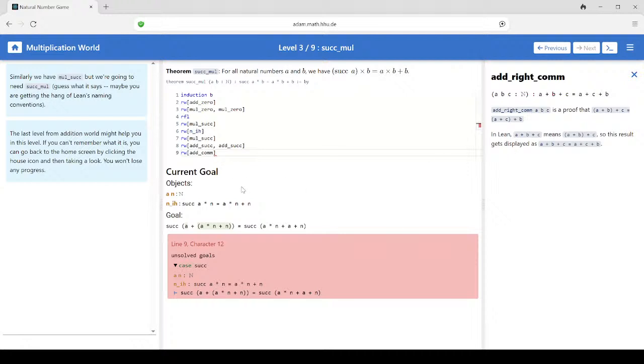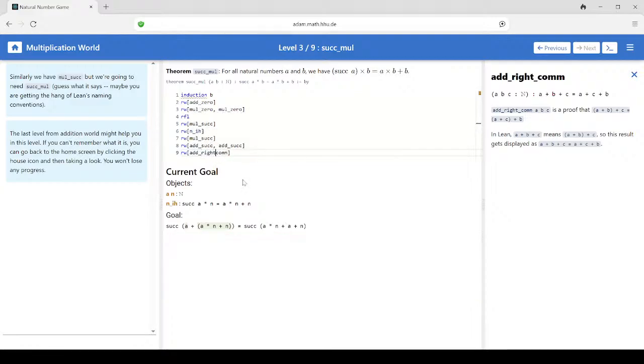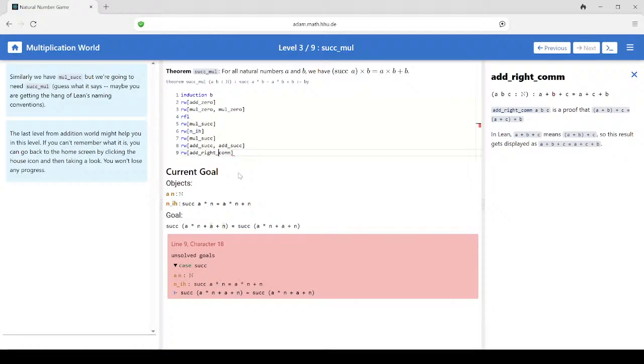What if I use this first? Oh, that did it. That's the one I wanted. Wait, what? Is the proof that a plus b plus c equals a plus c plus b.